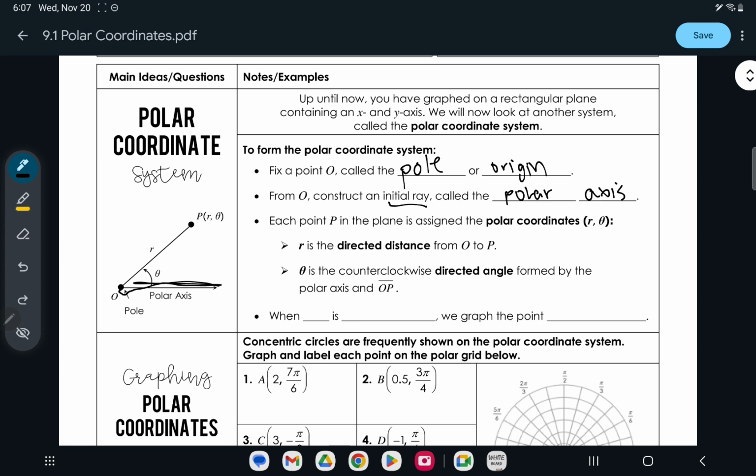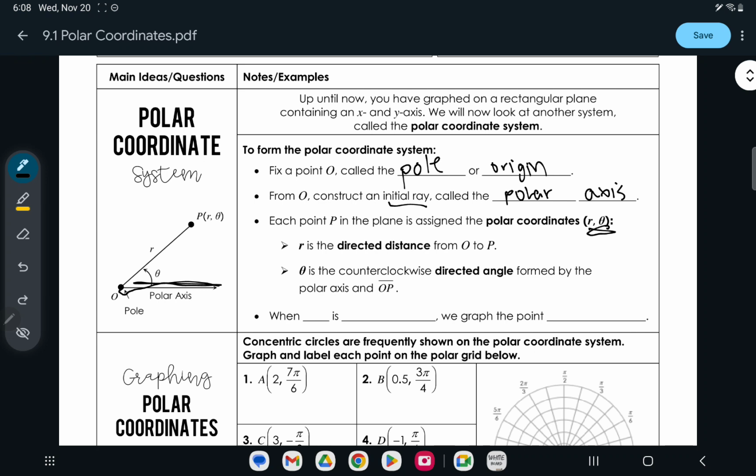Each point P in the plane is assigned a coordinate. So instead of x, y, we have r, theta, where r is the directed distance from O to P, or r is the radius of a circle. Theta is the counterclockwise directed angle.